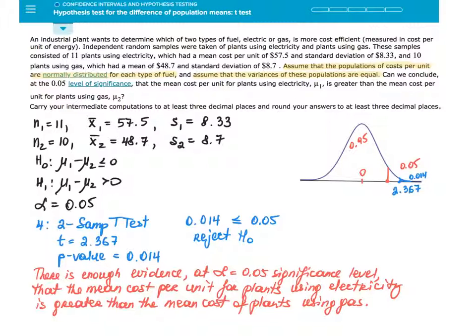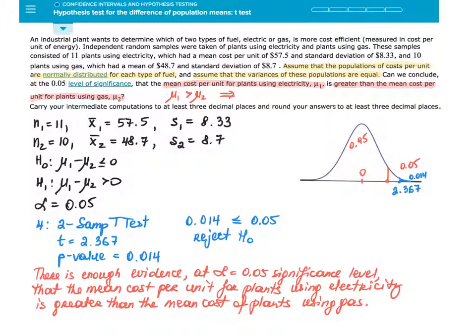All right, let's set up our hypotheses and find out how we're going to do that. The question we're trying to answer is the following. Can we conclude that the mean cost per unit for plants using electricity, mu sub 1, is greater than the mean cost per unit of plants using gas, mu sub 2? In other words, is it true that mu sub 1 is greater than mu sub 2?